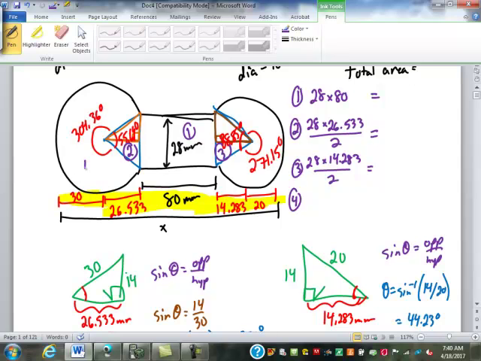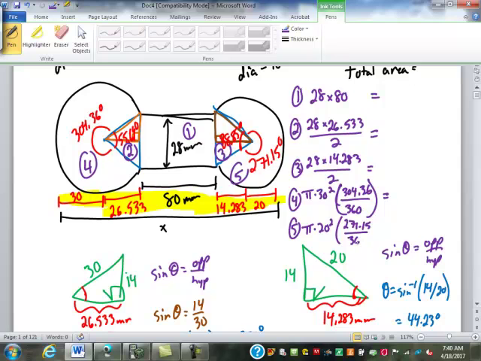Piece 4 will be this sector of a circle, which will be pi times 30 squared times 304.36 over 360. And finally, piece 5 will be that sector of a circle, which will be pi times 20 squared times 271.15 over 360.